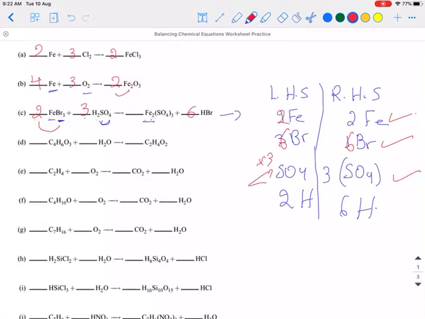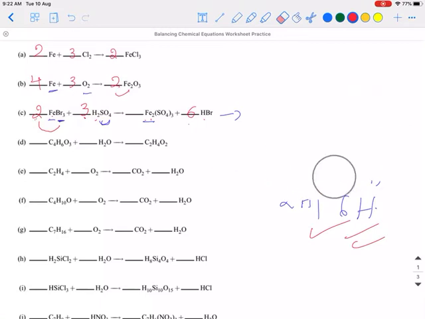Now 3 sulfate, okay. 3 by 2 for the hydrogen is 6 and 6 hydrogen, okay. So now the equation is balanced, and let us do the final check. 2Fe, 6Br, 6Br, 6 hydrogen, 3 SO4 and 3 SO4, and the equation is balanced like this.